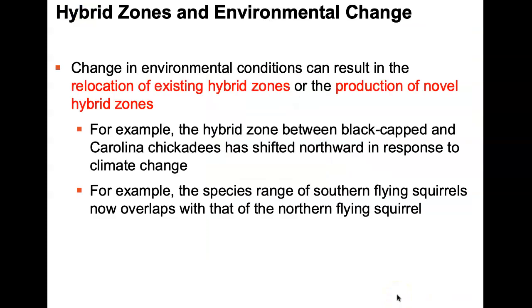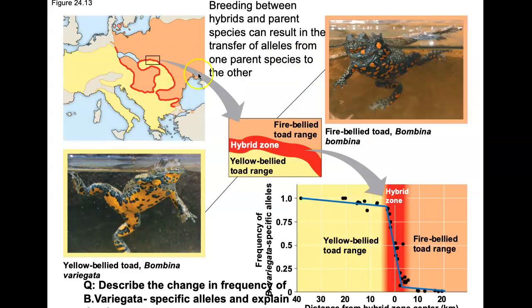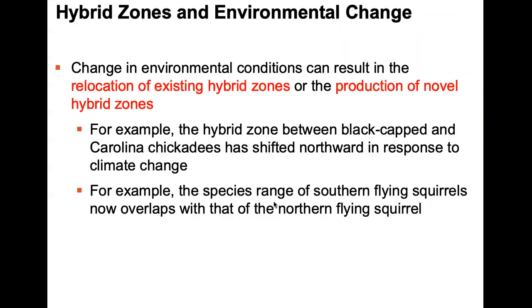We have hybrid zones and environmental change. So we have a hybrid zone, right? But this hybrid zone might not stay the same, and actually won't stay the same for an extended period of time. This hybrid zone can move around because if it is caused by animals, they move around, right? They're not going to stay in the same area, so this hybrid zone can move. So changing environmental conditions can result in relocation of existing hybrid zones or the production of novel hybrid zones, right?